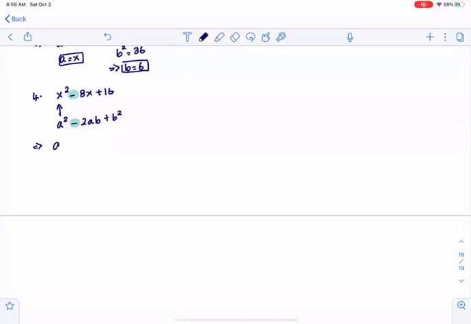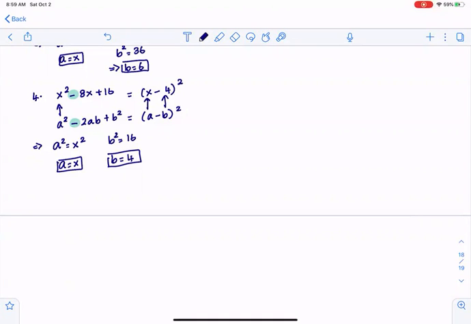This would mean a squared is x squared, b squared is 16, a would be equal to x, b would be equal to 4. We know a squared minus 2ab plus b squared is a minus b squared. a is x, b is 4. So you would have x minus 4 whole squared.